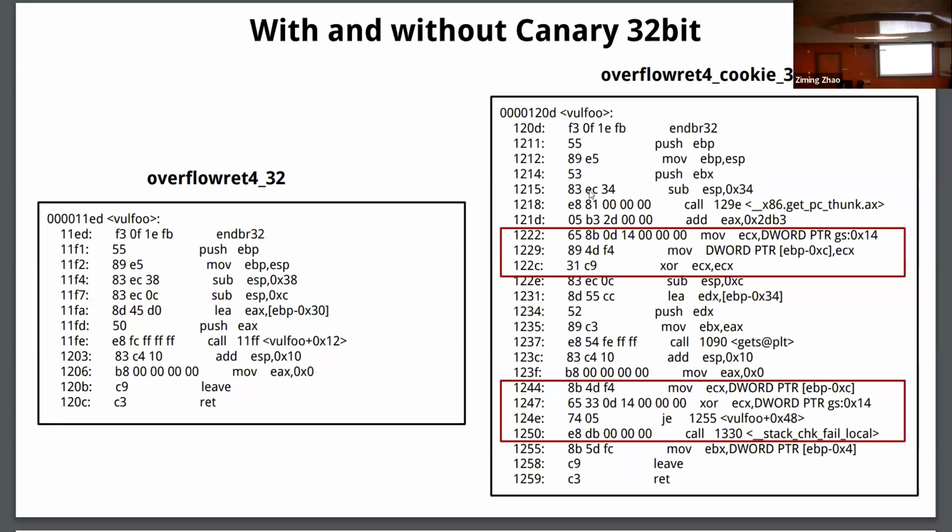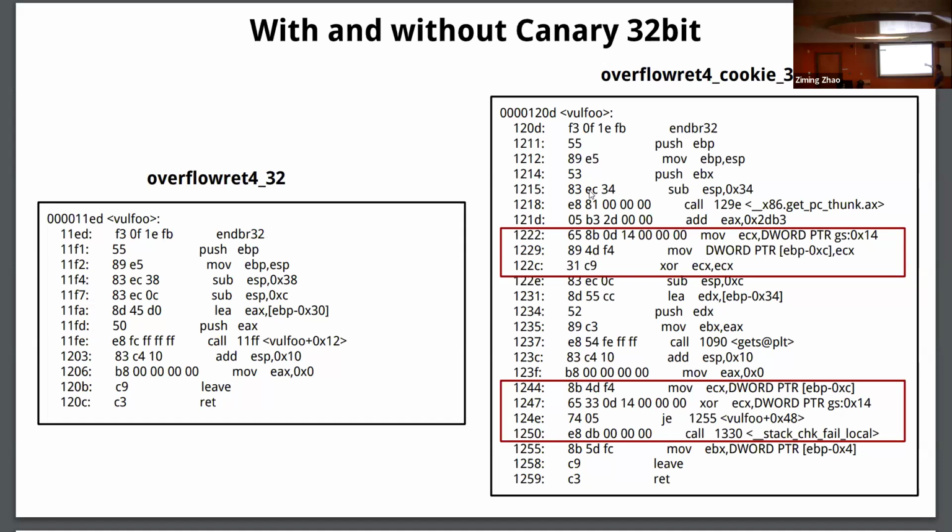To compile this version, you only need to add a GCC option when you compile this program. You can see this version is much longer than the previous version. The previous version has maybe 12 instructions, but this version, from the same source code, may have like 25 or 30 instructions. So what is important here is in those two boxes.